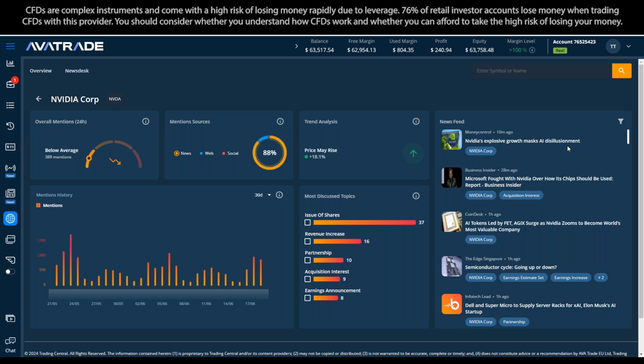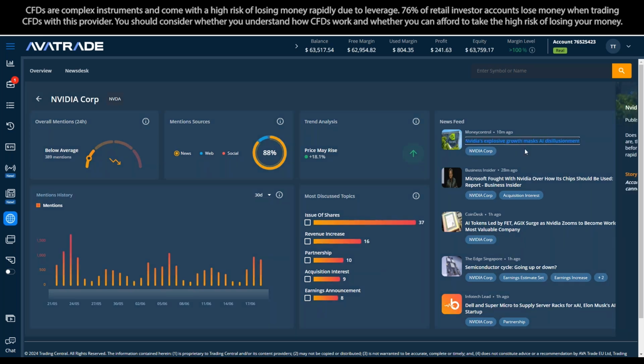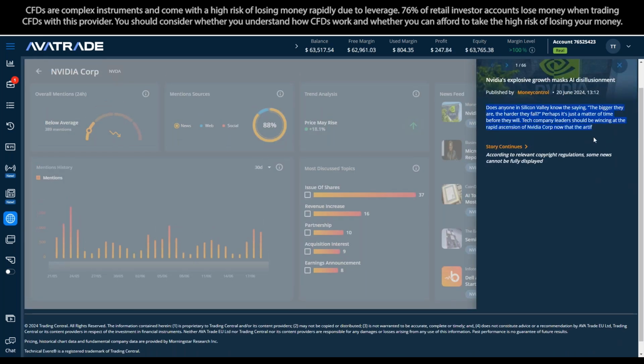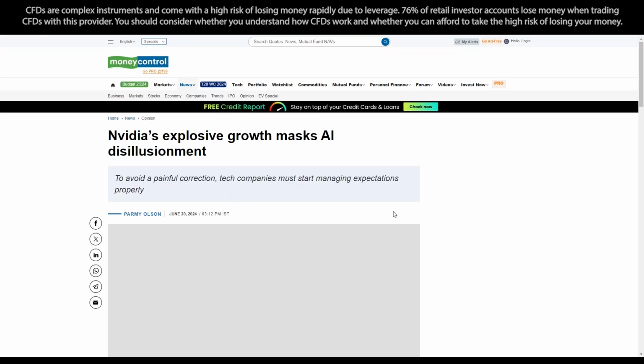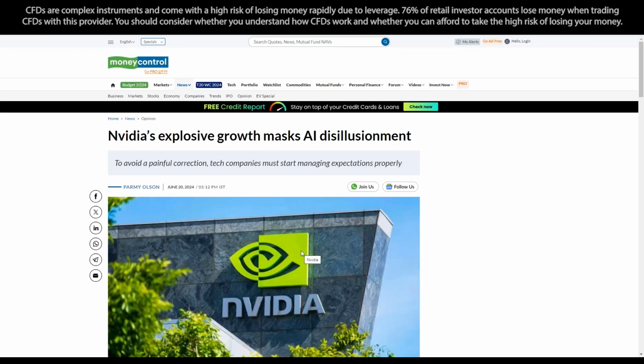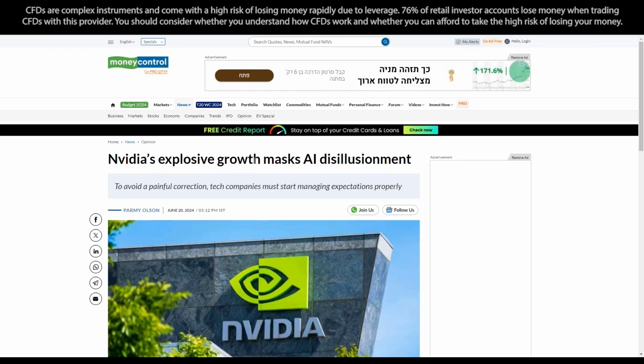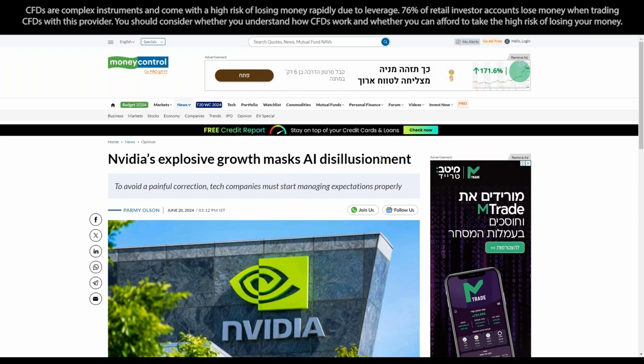So if you wanted to know more about that, you click on the link. It loads a synopsis or summary of the article, and it also allows you to click a link to go to the website where it was found and read the entire article. Okay, NVIDIA's explosive growth masks AI disillusionment.